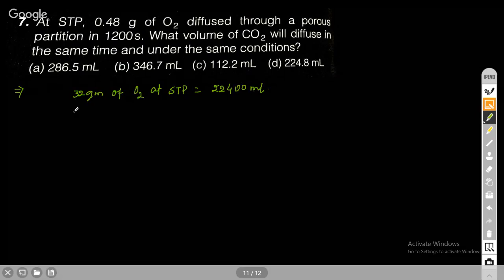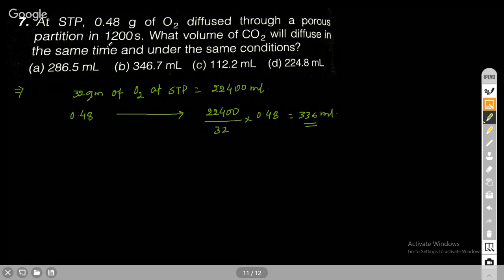So if the mass is 0.48 gram, then the volume of O2 diffused is 22,400 divided by 32 into 0.48. When you solve this, the volume diffused you will get is 336 ml. This is the volume of O2 diffused.